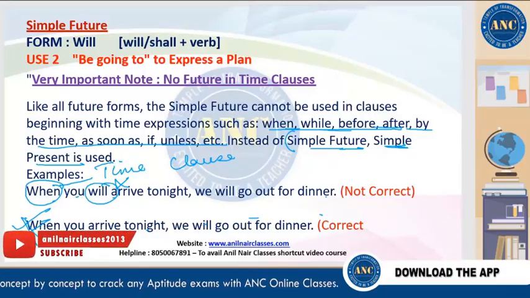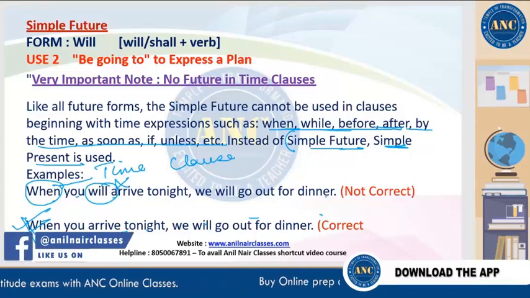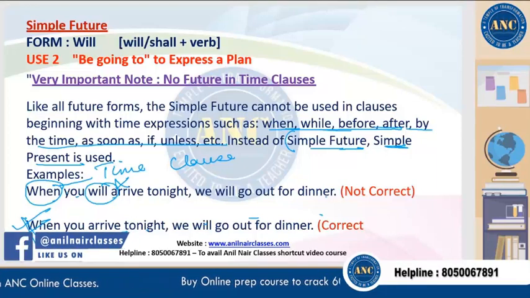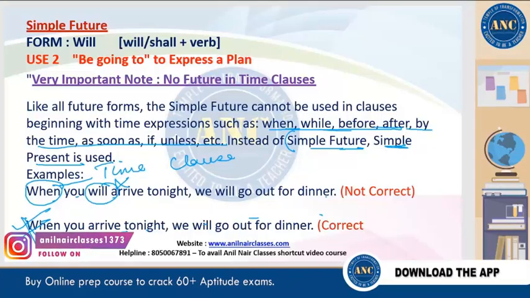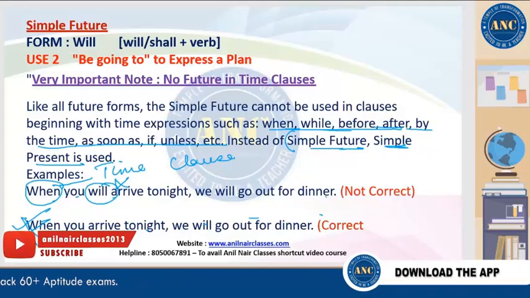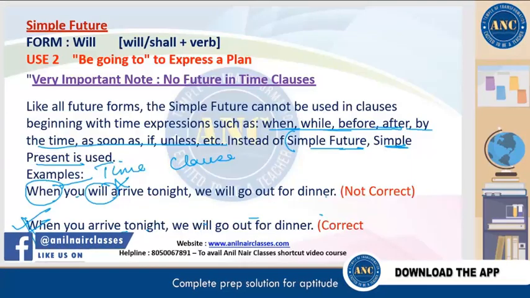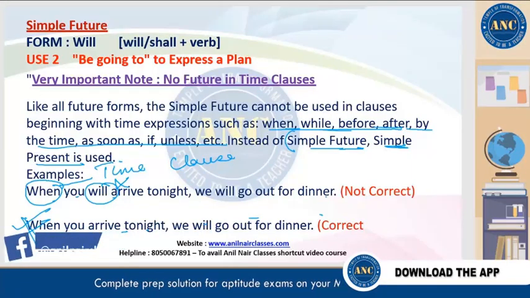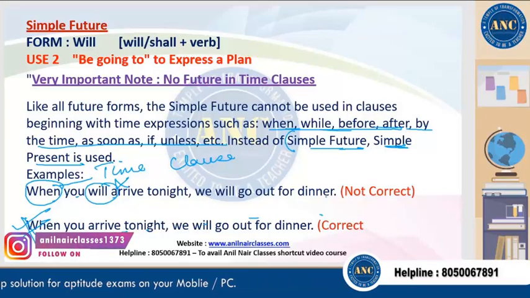Now we talk about the continuous tense. The continuous tense could be present continuous, past continuous, future continuous. So in continuous tense, whichever form it is, we will use the present participle, that is verb plus ing form. If it is present, you will have forms of to be like am, is, are, anything out of this plus verb plus ing.